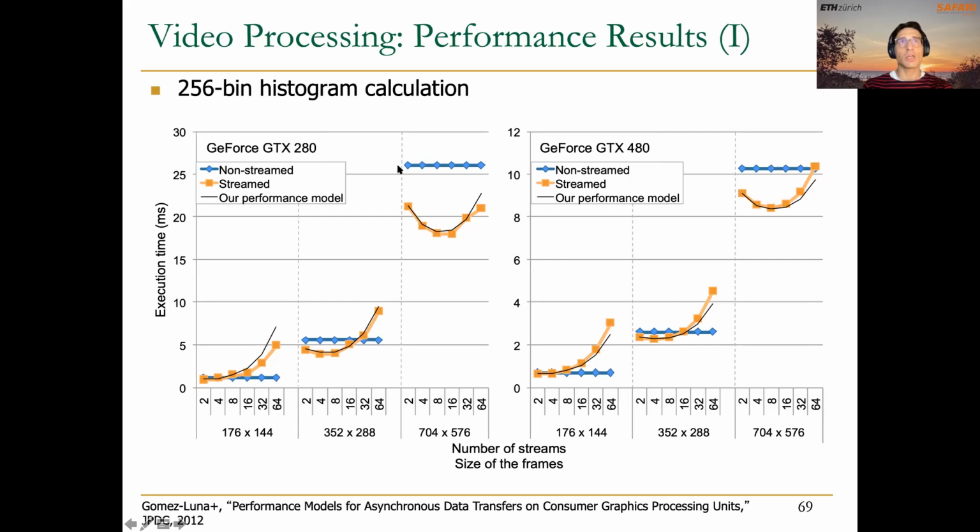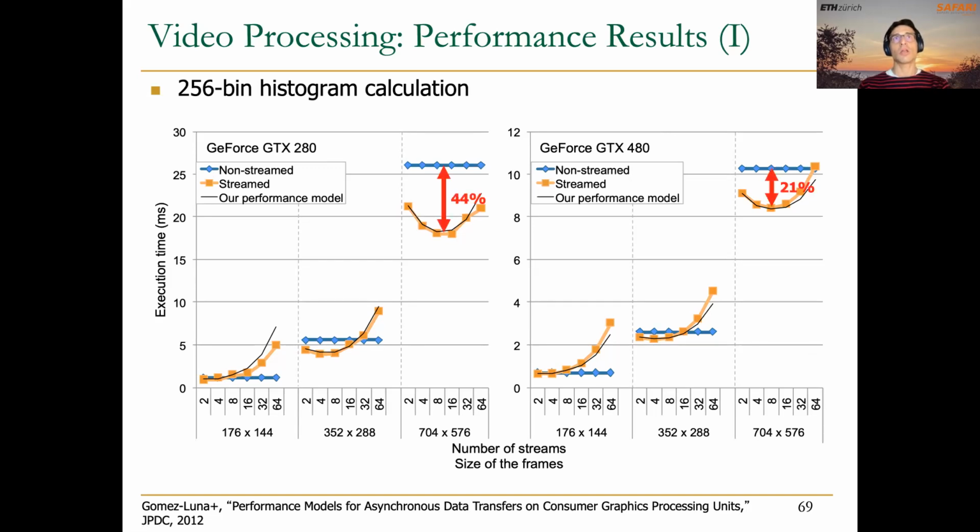We are comparing here the non-stream execution, the blue line, with the stream execution, the orange line. And we also represent here one performance model that we came up with. You can see how well this performance model adapts to the execution time of the stream execution.